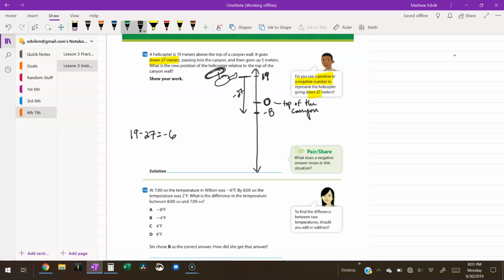So now it's flown down. The helicopter has flown down 27 meters and then goes up 5 meters. And so the next step of the helicopter is to go up. So that's +5. And I need to change this to -8.